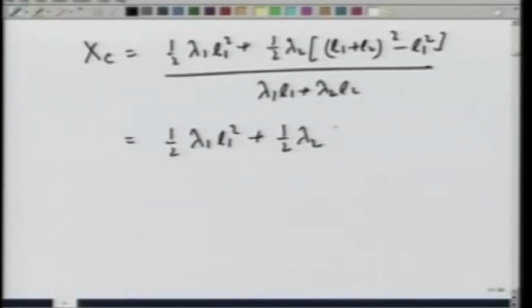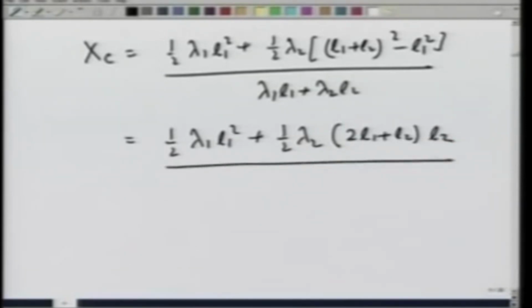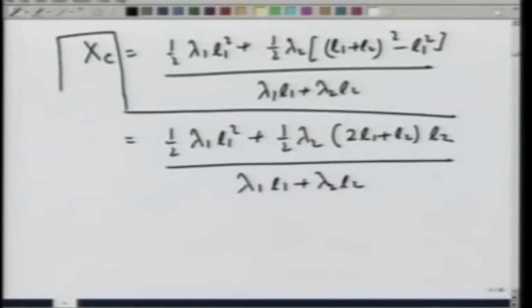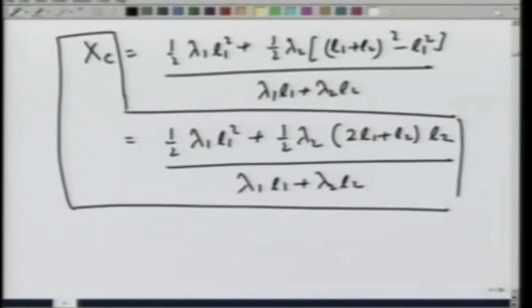I can simplify this. This will come out to be 2 L1 plus L2 times L2 divided by lambda 1 L1 plus lambda 2 L2. So, from the left hand side end of the rod, this is where the center of gravity lies.